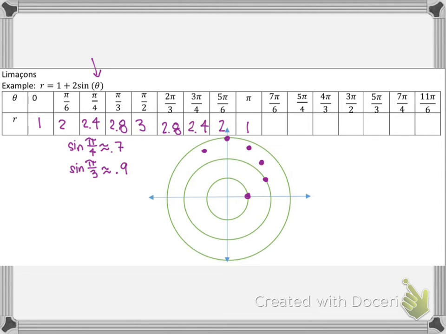So this is 2.4. Okay, so if we follow the polar curve around, we're going to get a shape like this so far.